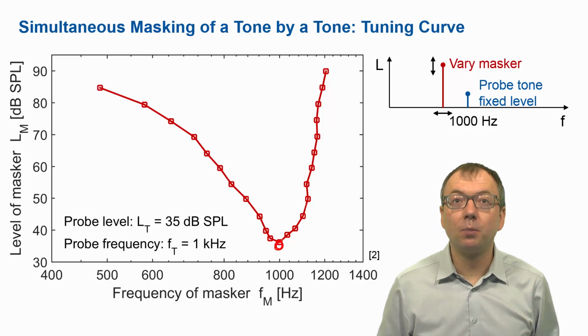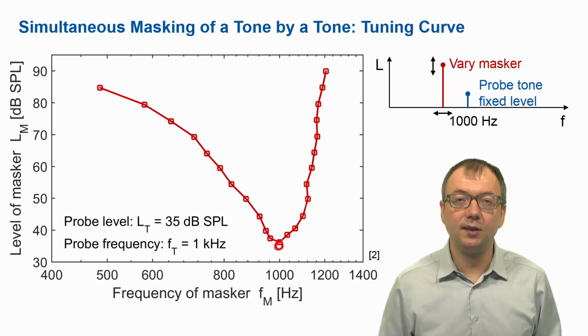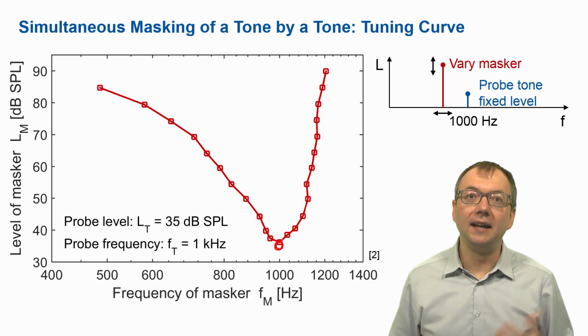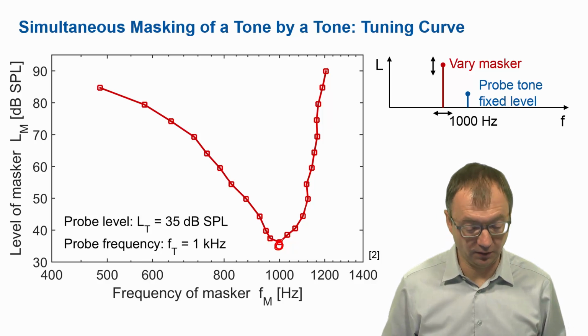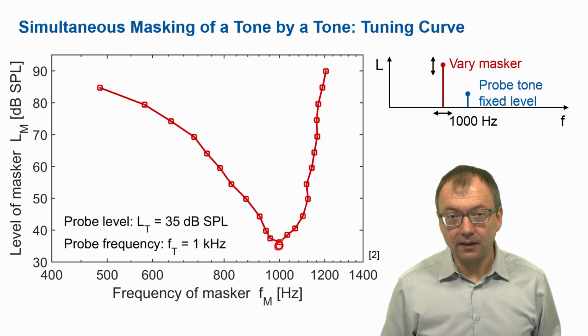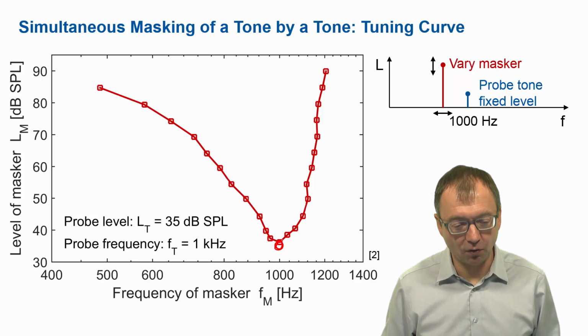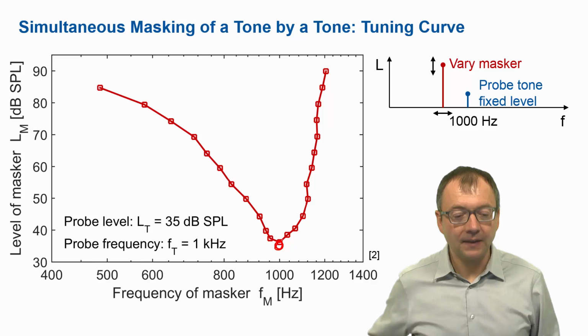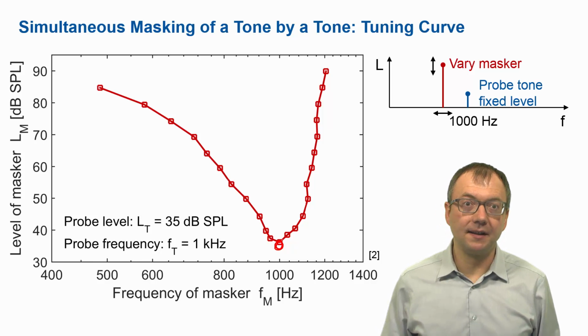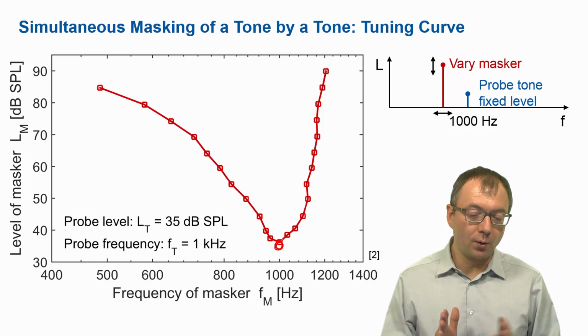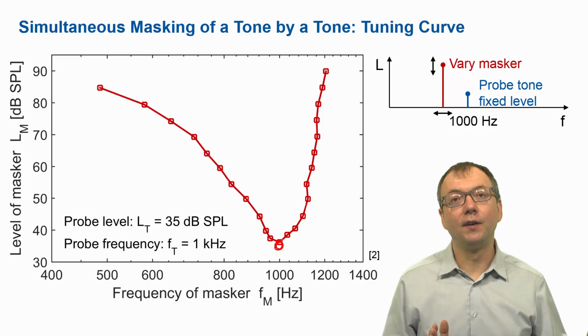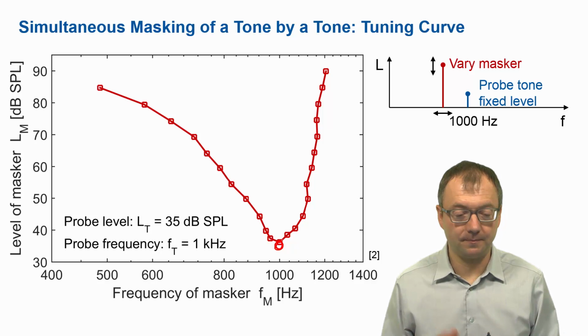And this is what's being plotted in the psychoacoustic tuning curve, which follows the idea of a physiological tuning curve. Now in the psychoacoustic tuning curve, it's exactly that masker level that's necessary to mask the probe of a certain level. And you see that this masker level increases the further away the masker is in frequency from the probe.